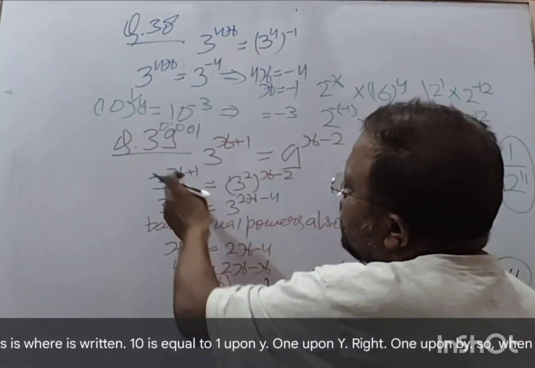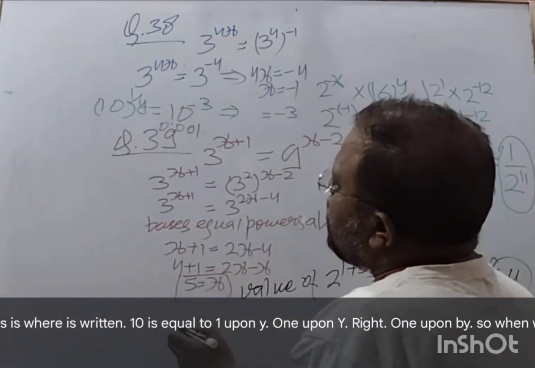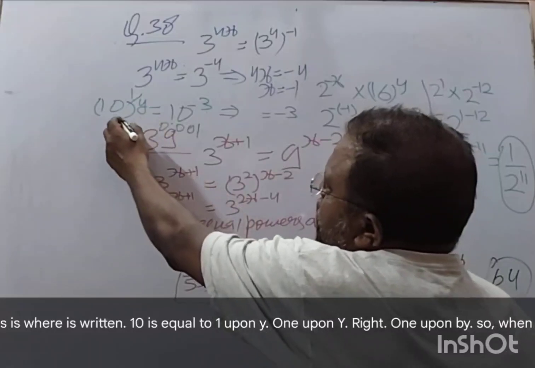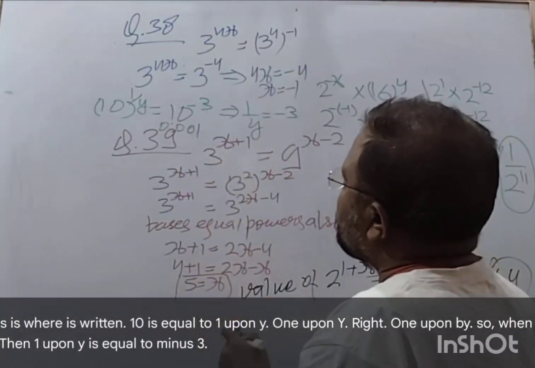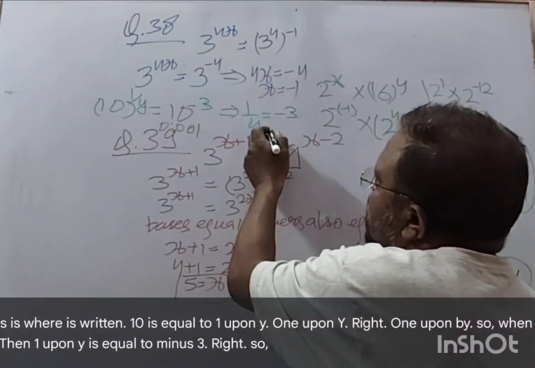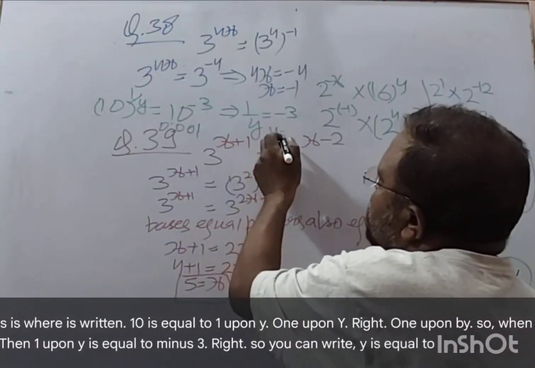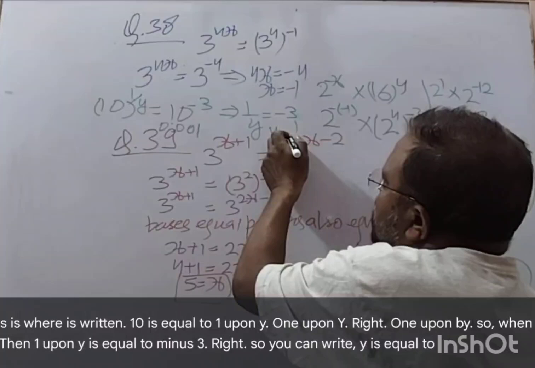So when we write 10 is equal to 1 upon y, then 1 upon y is equal to -3. So you can write y is equal to 1 upon -3.